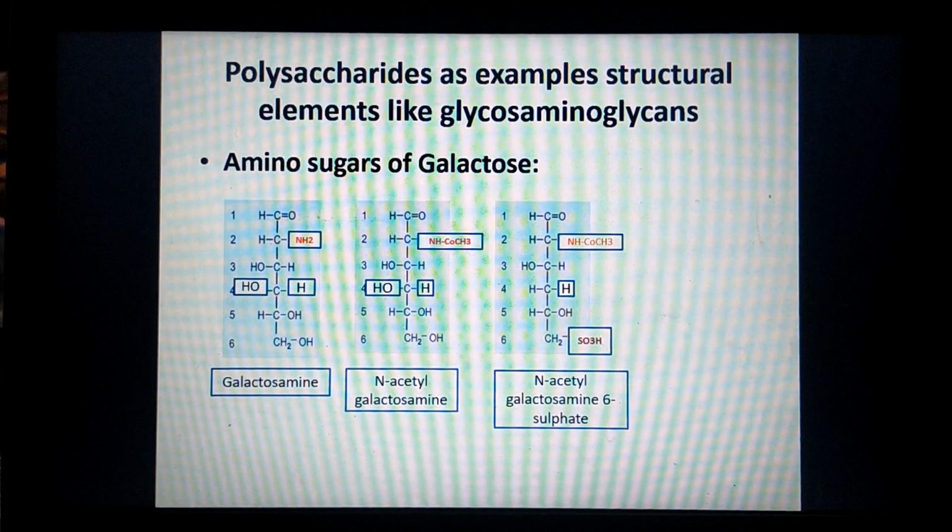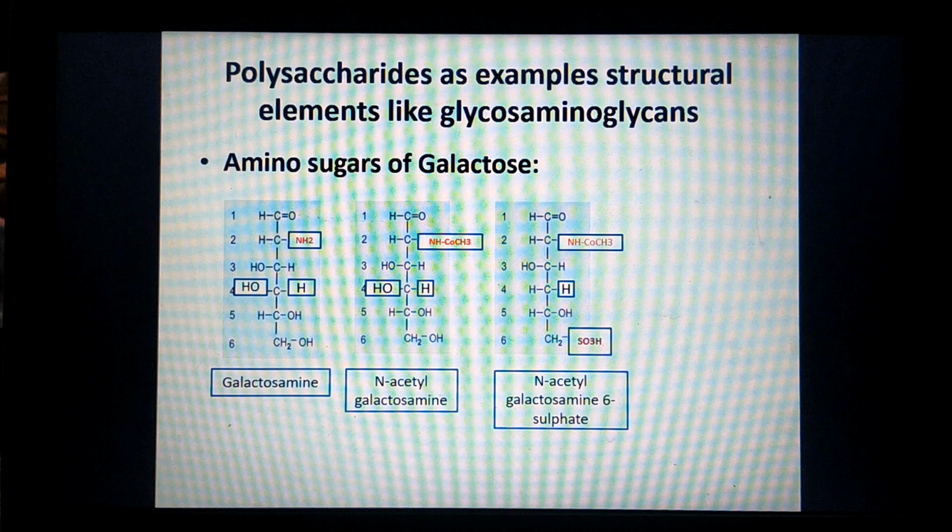Now these are the amino sugars obtained from galactose. Again same, galactosamine, where at second position amino group is attached by replacing the hydroxyl group of galactose. In the second figure, again acetyl group is attached to the amino group, so it is called as N-acetyl galactosamine.